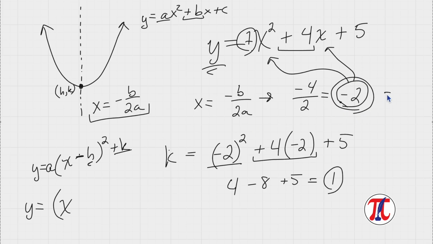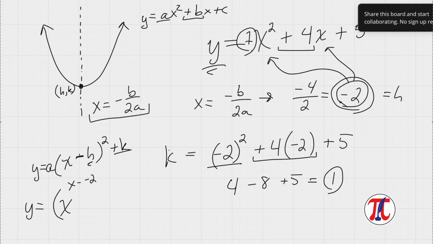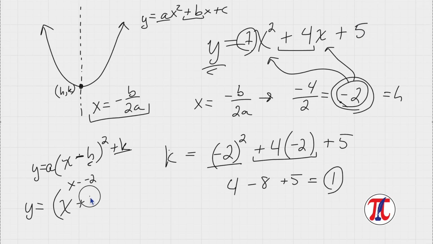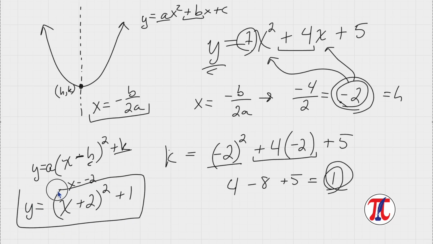In this case, it's negative 2. x minus negative 2, that's x plus 2, quantity squared, plus my k value, which is 1, so plus 1. And that's another way to put it into vertex form.